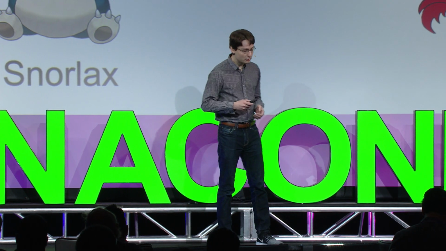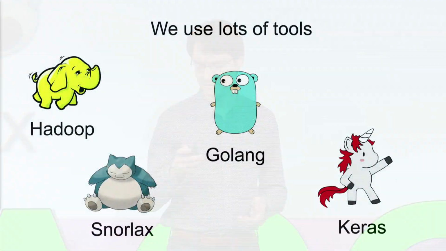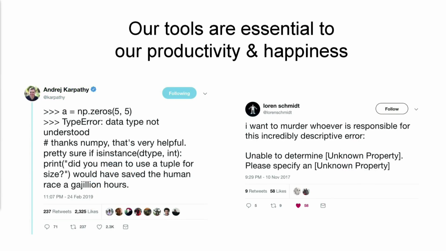So you're all data scientists and programmers, so you all use lots of tools with funny names, like Conda or Kubernetes or Hadoop and Keras. Maybe not Snorlax, because Snorlax is a Pokemon. And so you all know how critical our tools are to our productivity and our happiness.